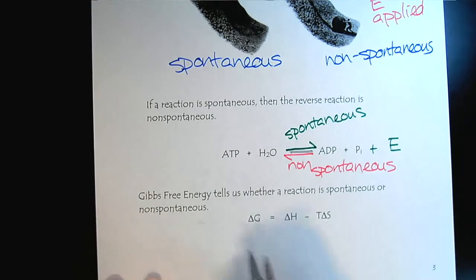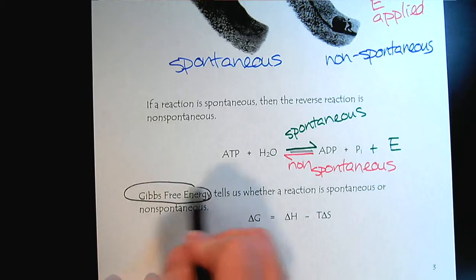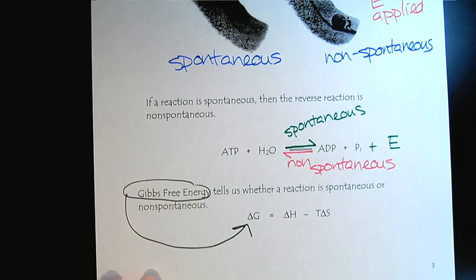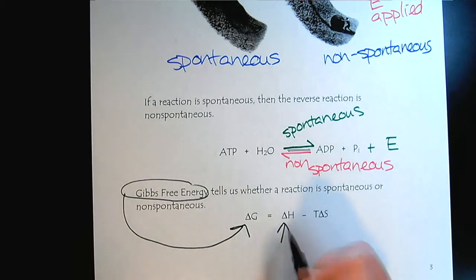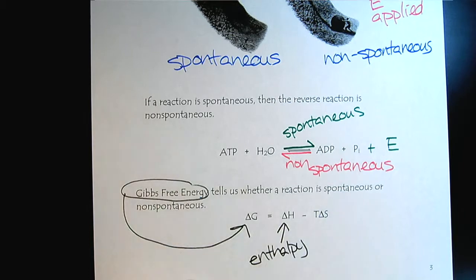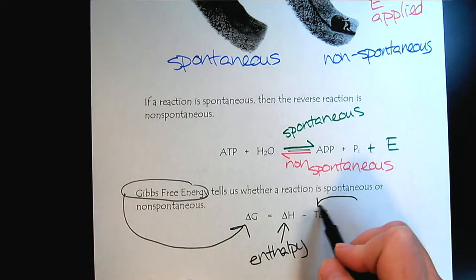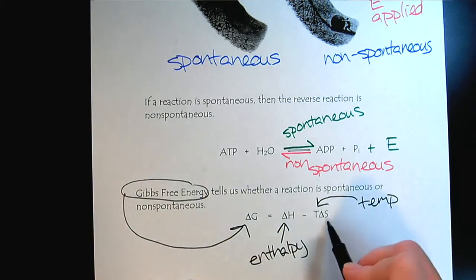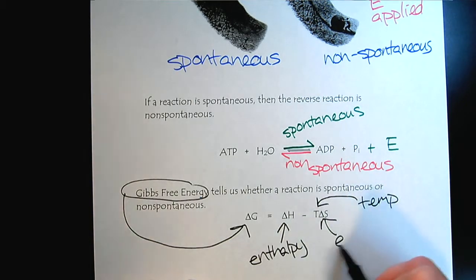And so this developed the idea of Gibbs free energy. Gibbs free energy will take into account the enthalpies that we've already learned about. But then what Gibbs added was that we have to think about the temperature of the reaction and a concept known as entropy.